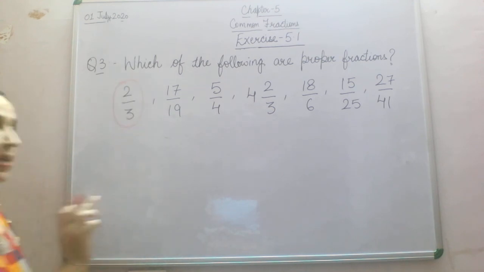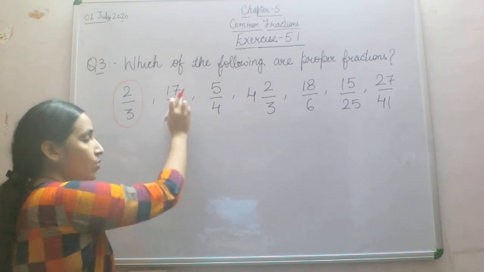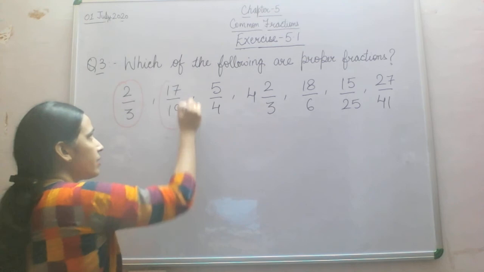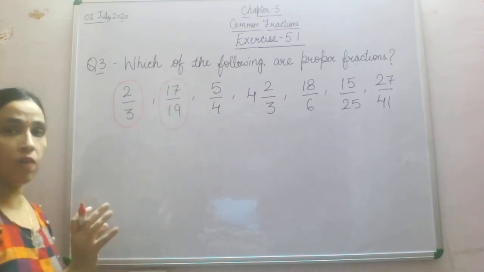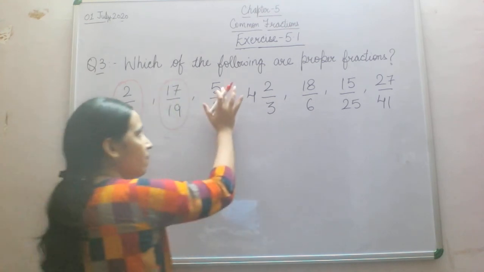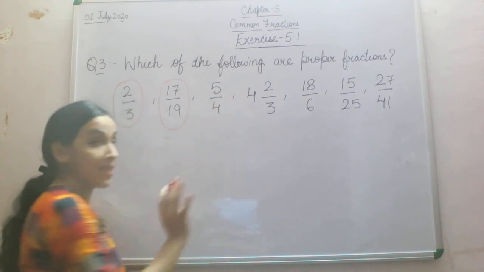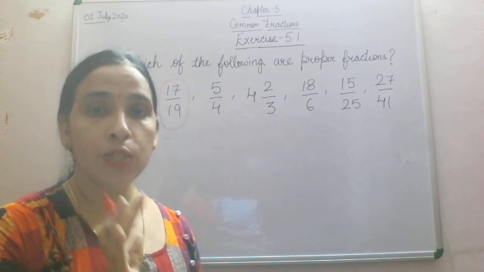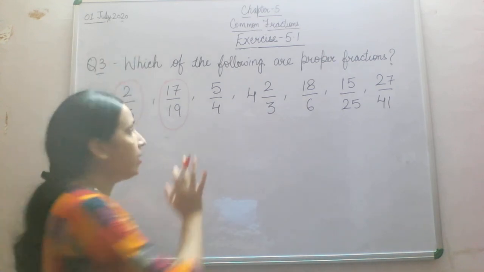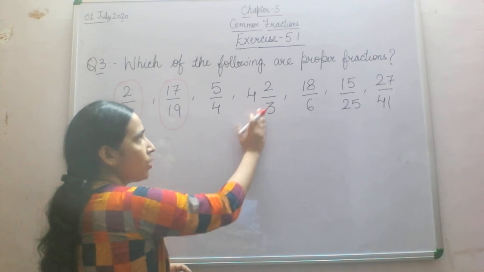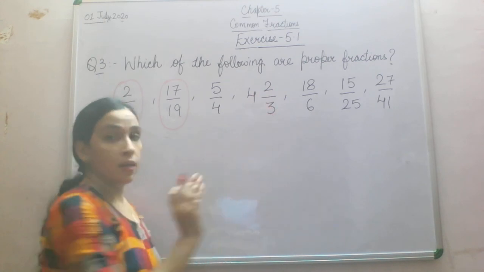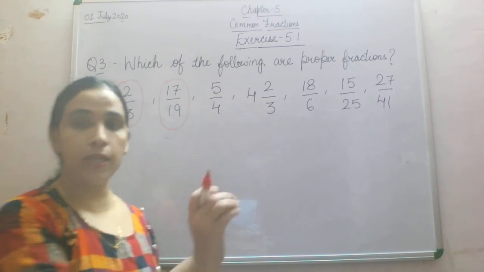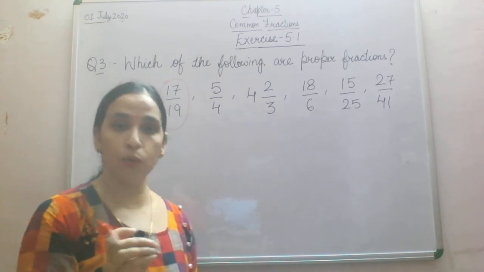Now come to the next, that is 17 by 19. Now 17 is smaller than 19. So 17 by 19 is again an example of a proper fraction. Now here 5 by 4. Now 5 is greater than 4, obviously. So it is not a proper fraction. Now come to this 4 2 by 3. You know that an improper fraction can be converted into a mixed fraction, which I have told you just now.